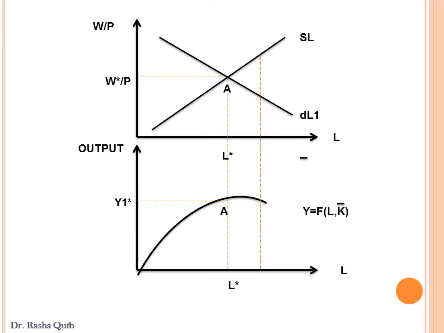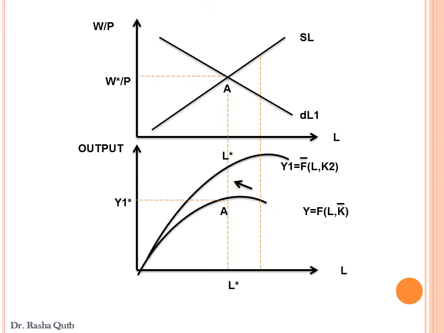This is shown graphically. First, increasing capital stock would shift the production function upward from Y0 to Y1, which is now a function of labor and the new size of capital K2. And this new size of capital would have a positive impact on the marginal productivity of labor.